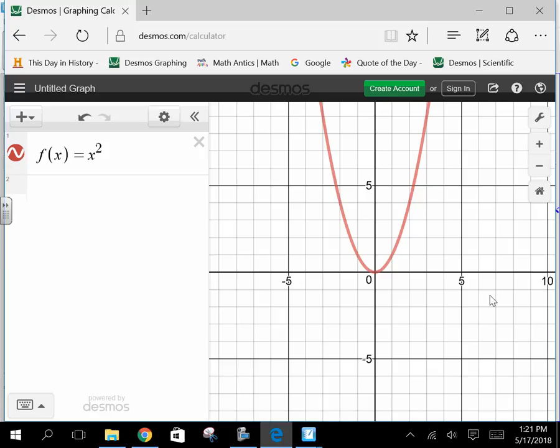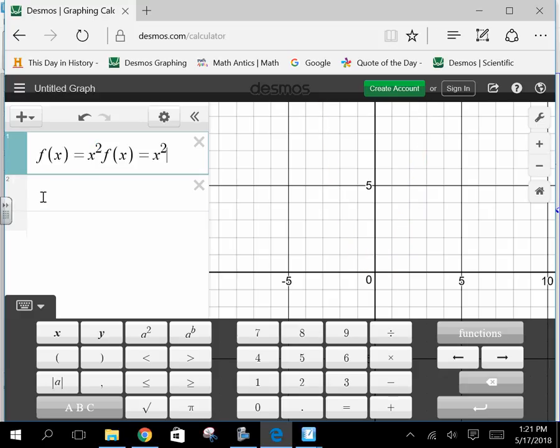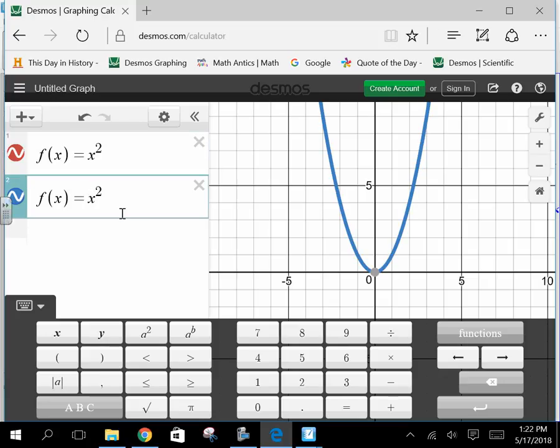Let's go ahead and shift it to the right 5 units. Look what I'm going to do with the parent. Let me copy and paste this puppy. Watch this. What would I do to the x if I want to move this to the right 5 units? Help, somebody. Minus 6.